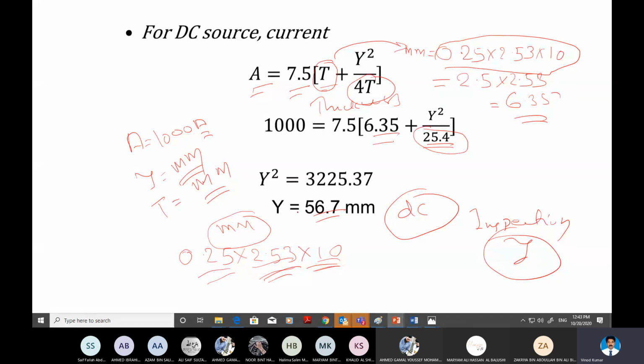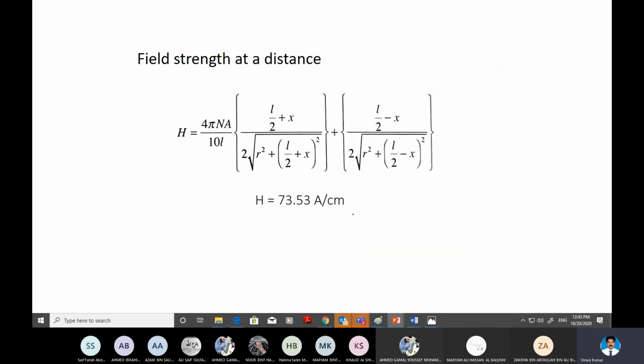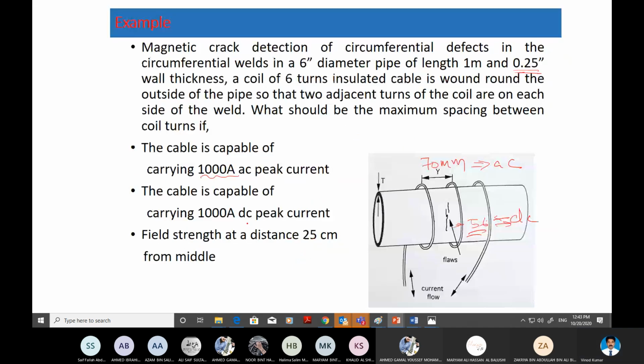So you got y, the spacing between two coils, which must be 56.7 if it is a DC source. If it is an AC source, this much. Now I am thinking about H. What is H? Our magnetic field must be enough to detect at a distance x equal to, what is the distance given in the question? 25 centimeter.